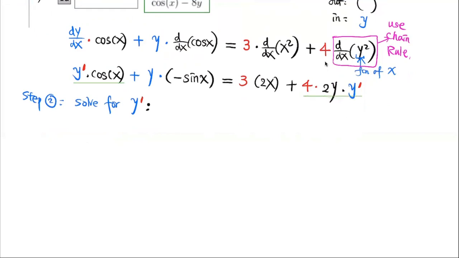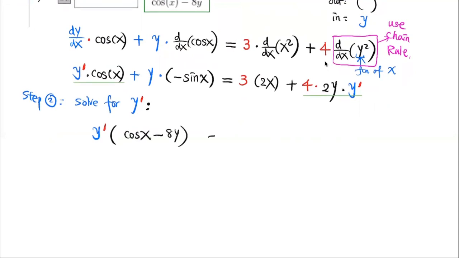Let's put them together on the left side and take out the common factor y prime. Then we will have cosine x minus 8y. On the right side, we'll have 6x, and this one we move over, becoming plus y times sine x.